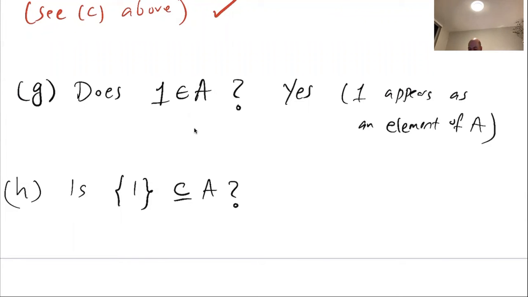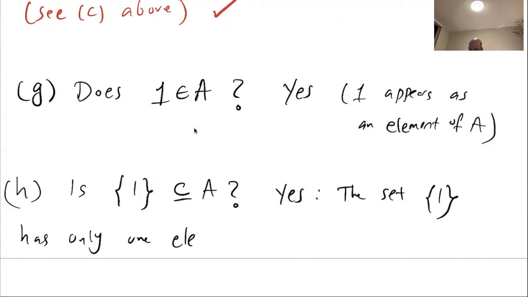This one, the answer is yes. Because how do we know a set is a subset of another? We have to check the elements in the left-hand side. The left-hand side set has only 1 element. So the set 1 has only 1 element, which is what?